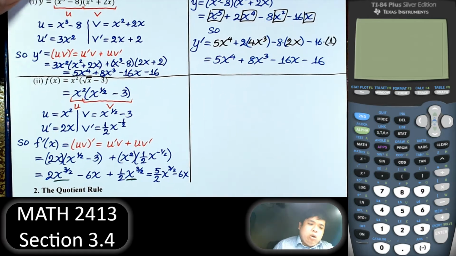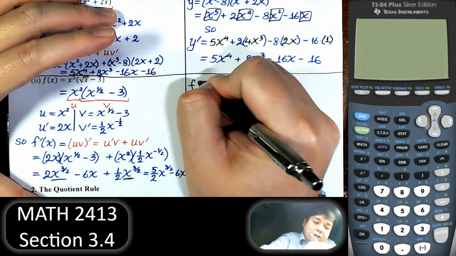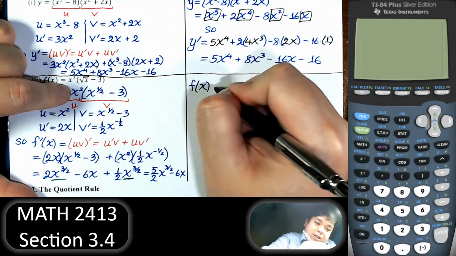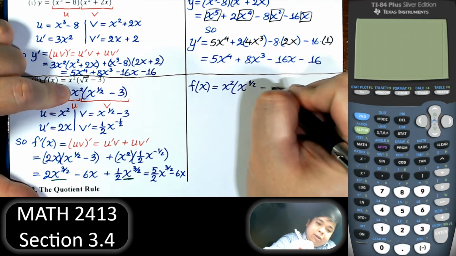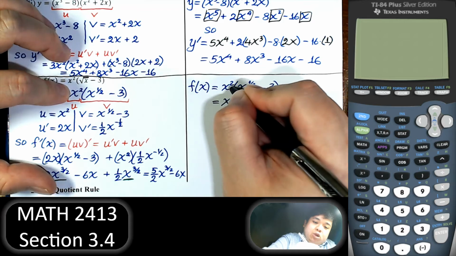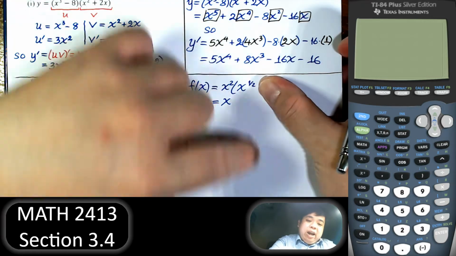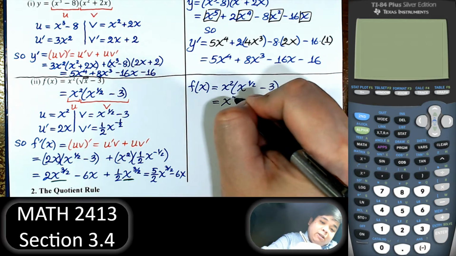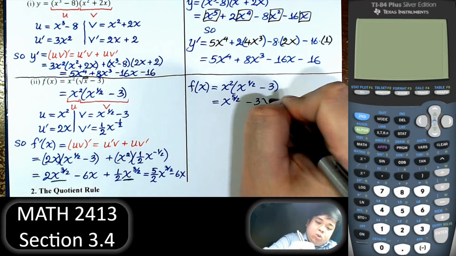Now without the product rule, meaning that we multiply them out. I will start with this and multiply it out. Multiply this 2, add the exponents: 2 plus 1/2 is 5/2. And multiply it out, minus 3x squared.